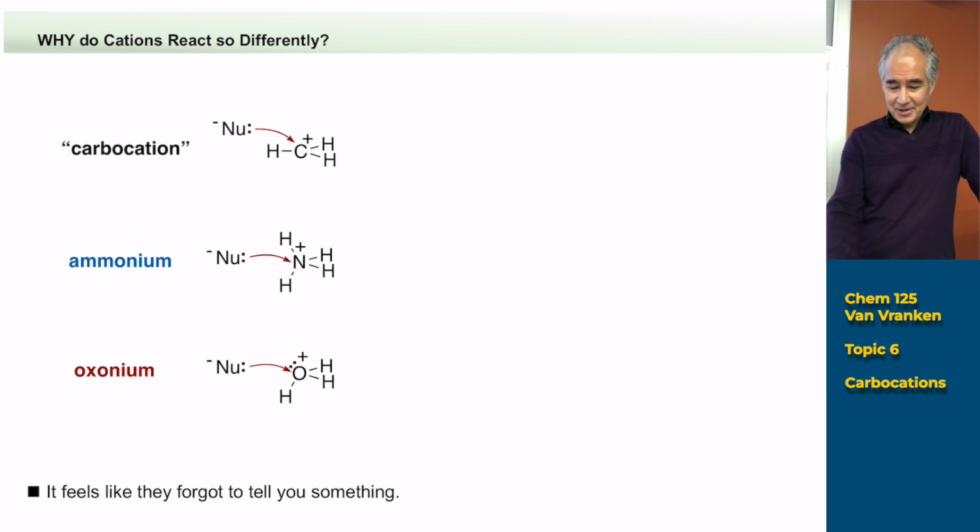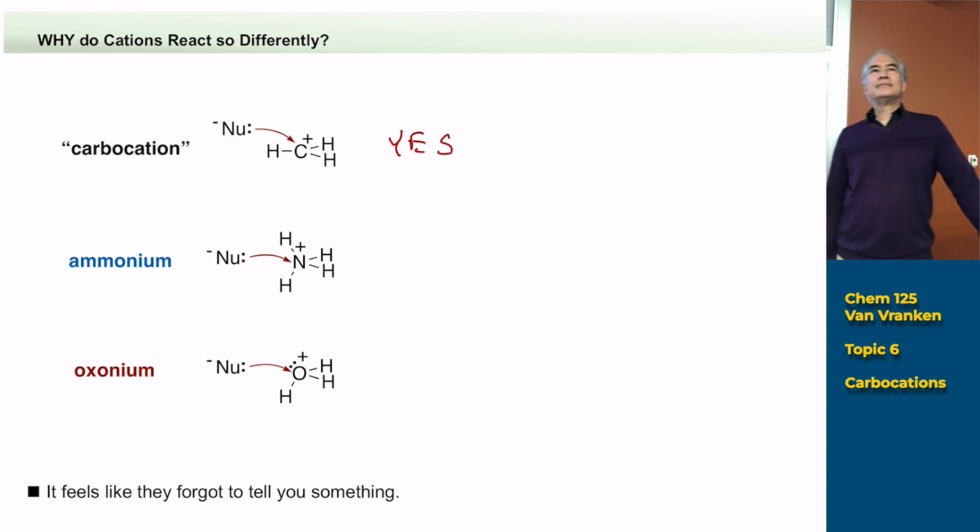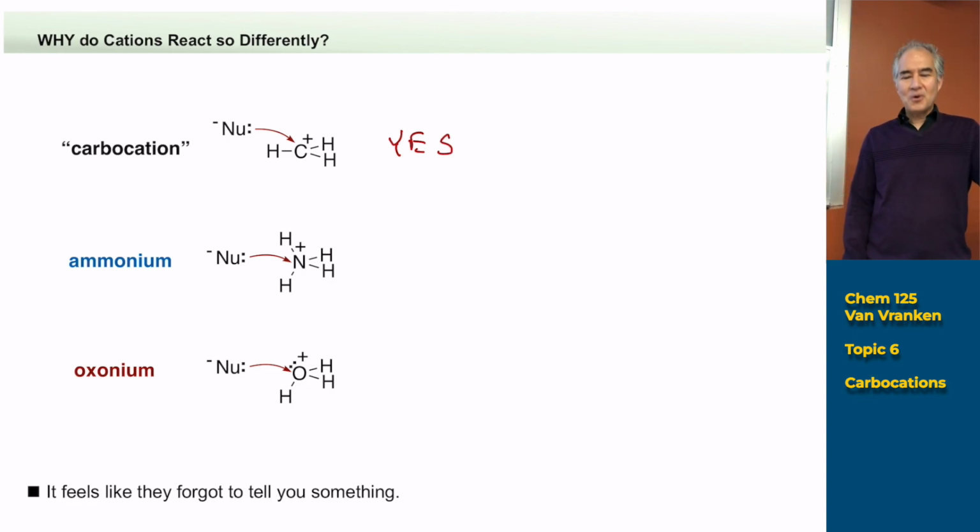I'm going to say that's good. This is good. What about attacking the ammonium? There's no way. There's no freaking way you would attack that N+. What about attacking the hydronium oxygen? Well, you knew since you were in high school that that's absolutely ridiculous.